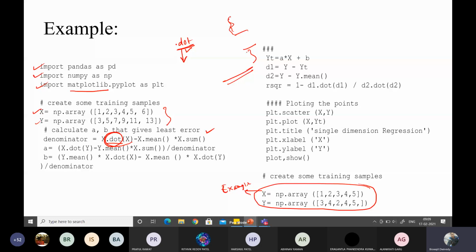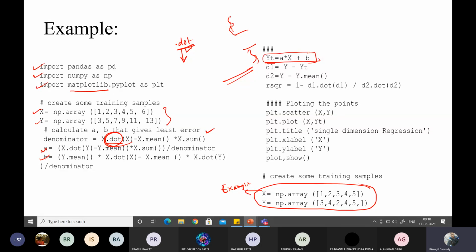Instead of using for loops or different types of loops for multiplying these arrays and adding those things, you can directly use this dot product. So a is equal to this one, b is equal to this one. Whatever formula is written there has been written here. And once a and b have been evaluated, we can find out your equation.